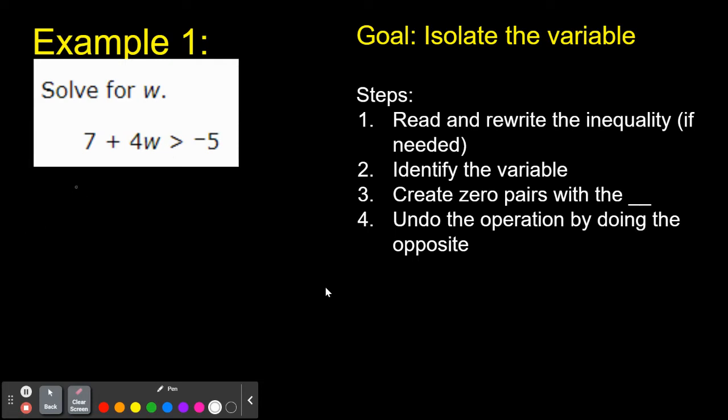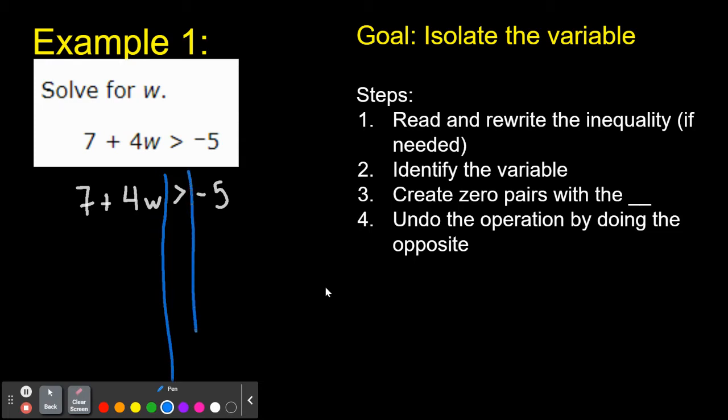So this is 7 plus 4 times w is greater than -5. Just like we do with equations, I'm going to make this barrier, this wall, to keep the left side of our inequality separated from the right side.